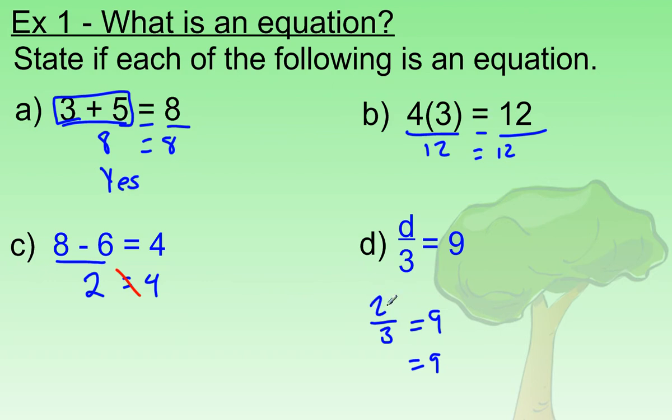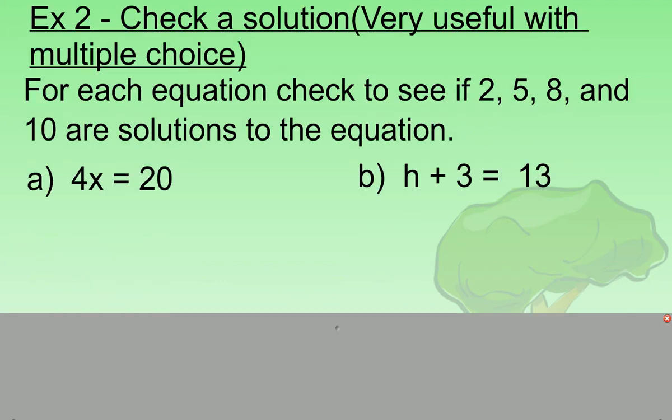The answer is 27. 27 divided by 3 is 9, so now our equation is true. So the value of the d here, the variable, would be equal to 27. Now this gives you an idea of what equations are, but as far as how you solve them, there's other ways that I like to explain it.